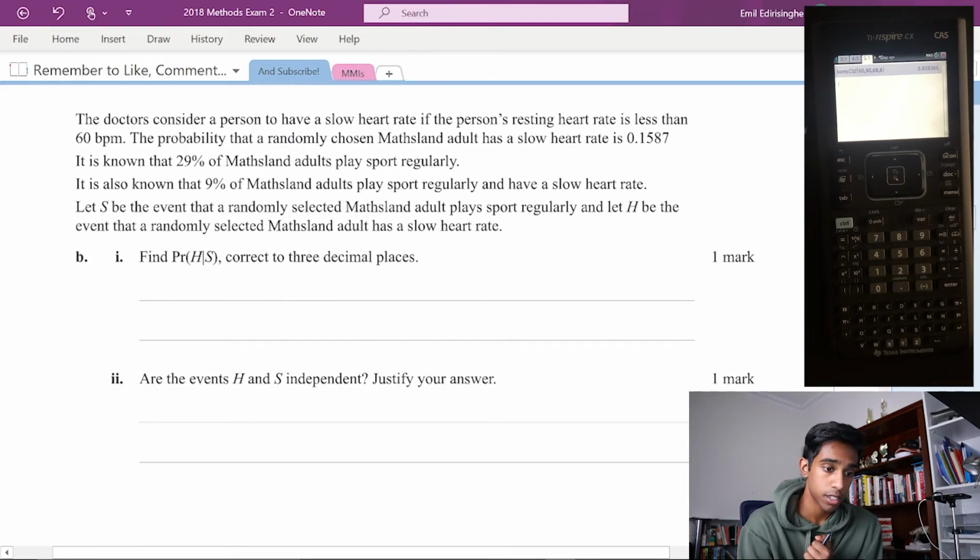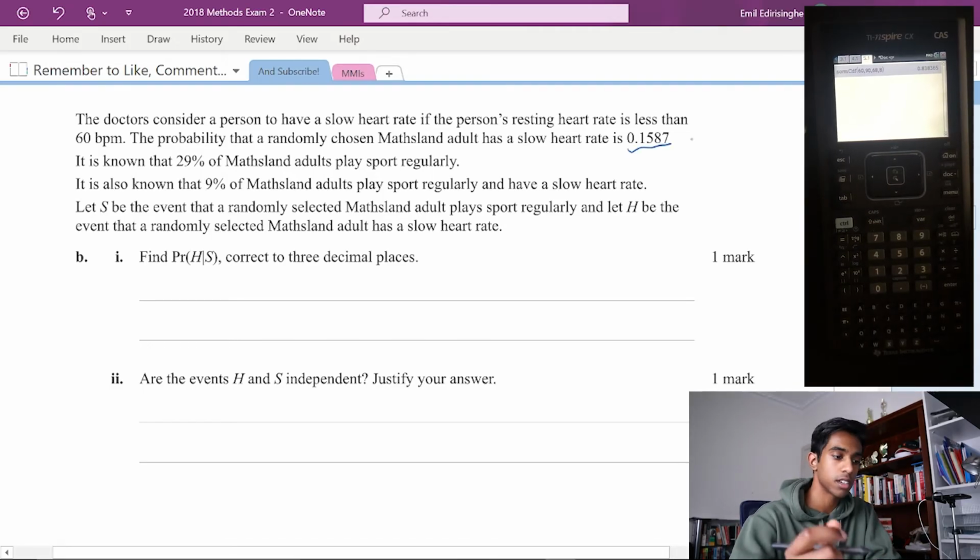Next, we've got the probability that someone has a slow heart rate. 29% play sport regularly, 9% have a slow heart rate and play sport regularly.